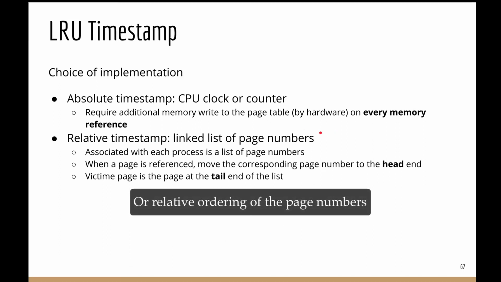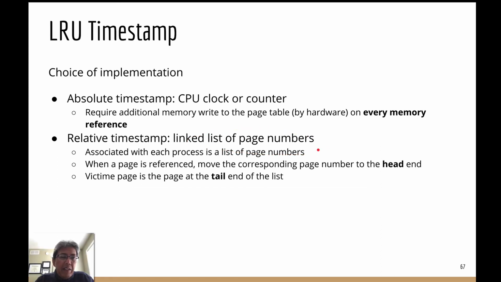So another idea for implementing this algorithm is to use a linked list of page numbers. Every time a page is referenced, we move that page to the beginning of the list. So what is the side effect of this self-adjusting linked list?